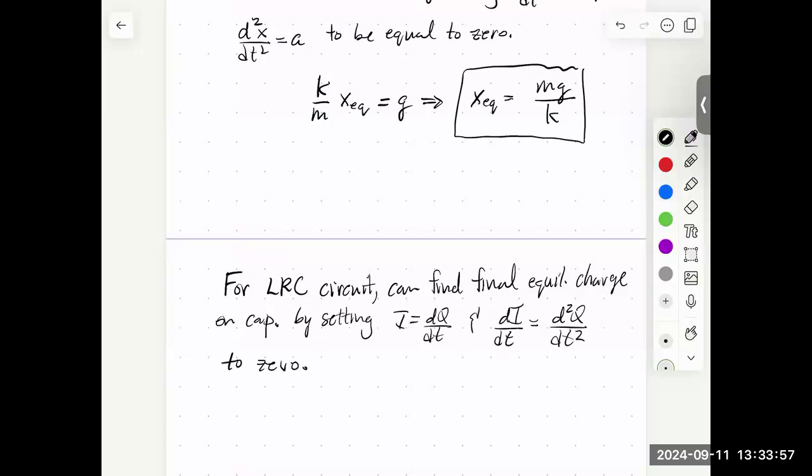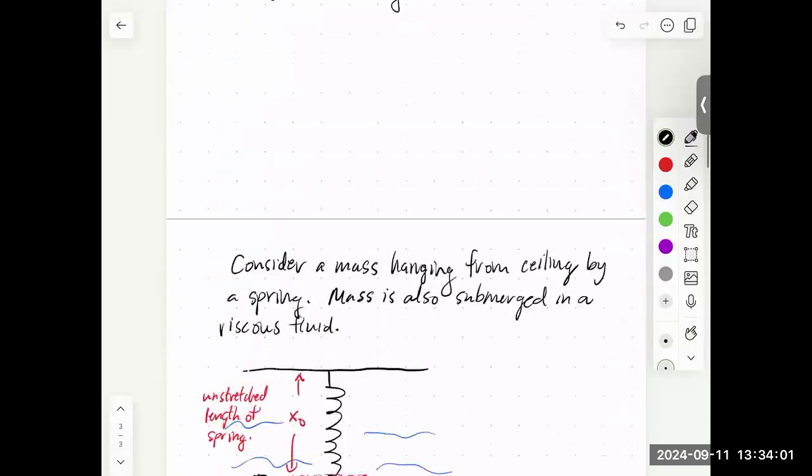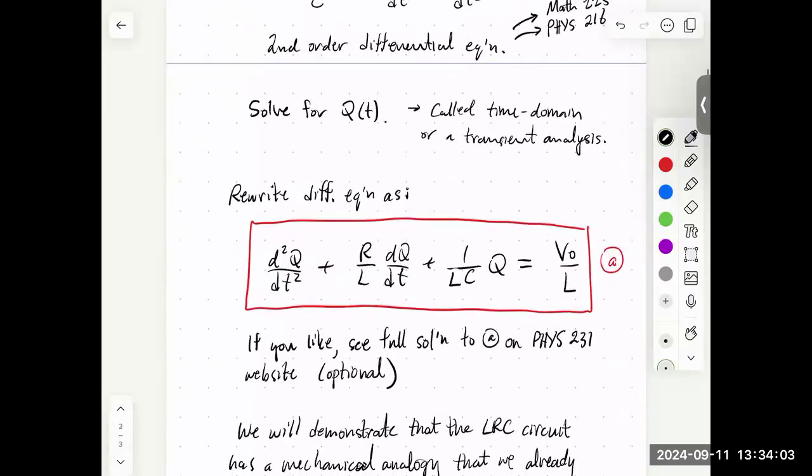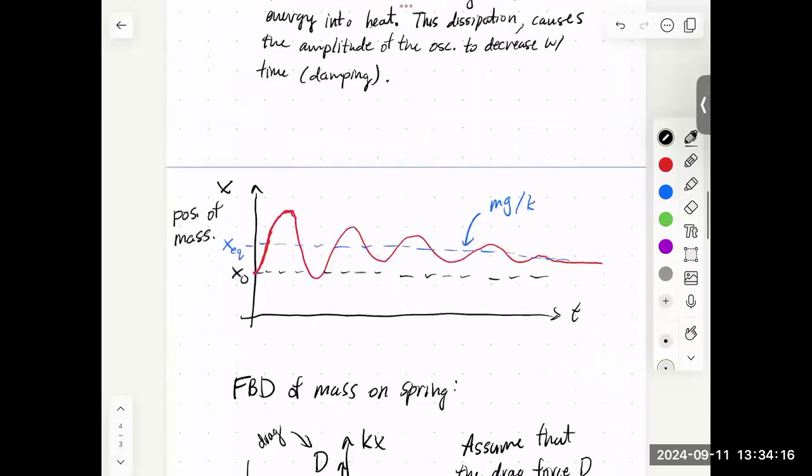Okay, and so let's think, what did we have in equation A? We're going to set this to 0, we're going to set that to 0, so we're going to have 1 over LC times Q is V naught over L. And you can see the L's are going to cancel.